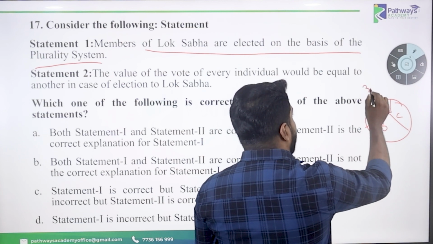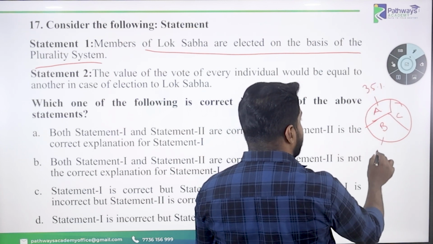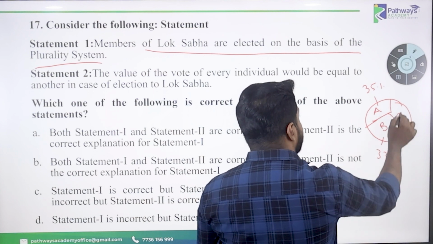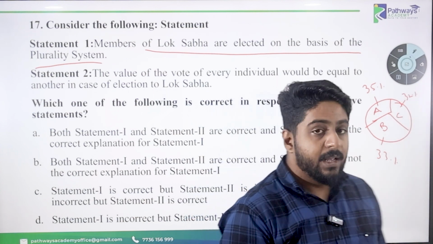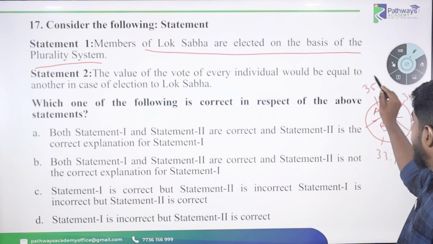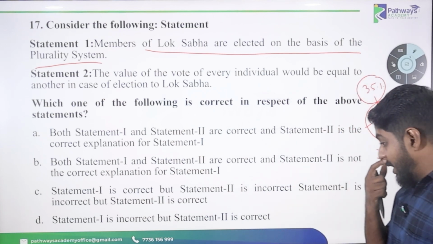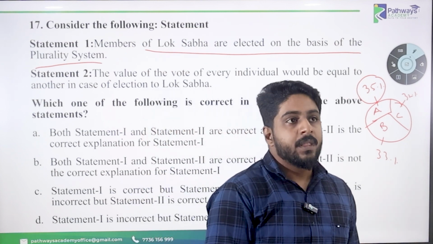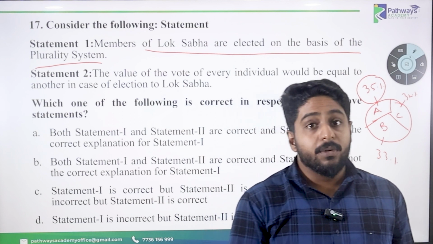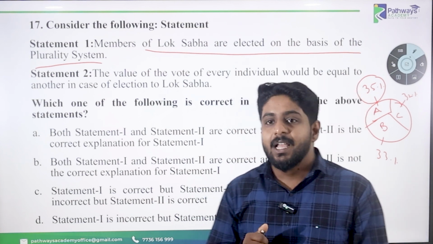Candidate A gets 35% of votes. Candidate B gets 33% of votes. Candidate C gets 32% of votes. Now, who will be the winner in this election? Candidate A will be the winner, because 35% of votes has been secured by candidate A. Sir, there is no 50% of votes, isn't it?